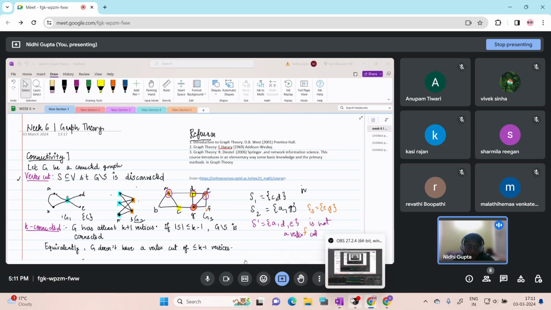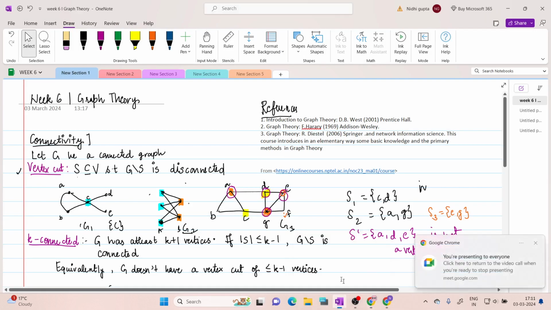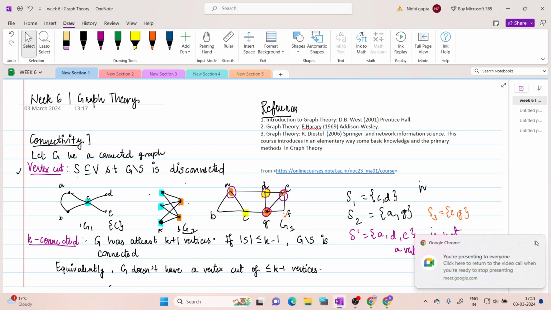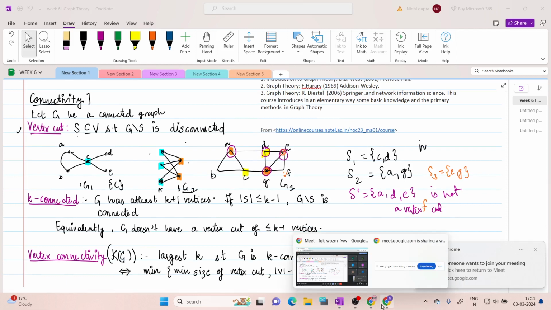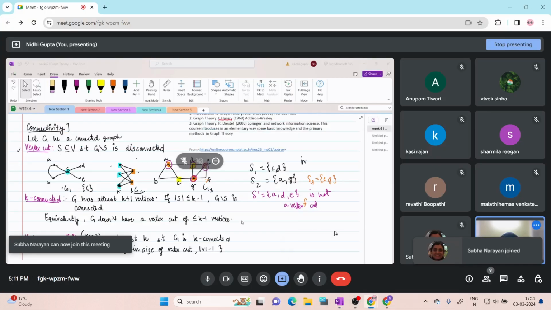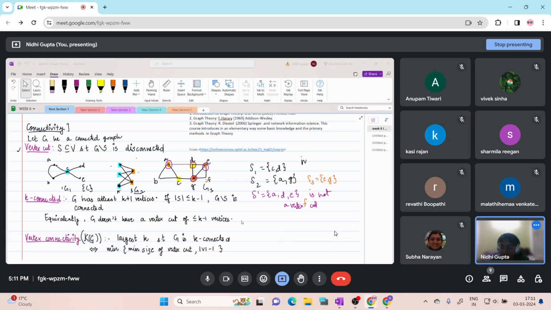Okay. Now if we have understood vertex cut, the next topic is k connectedness. K connectedness means that, first of all, G should have at least k plus 1 vertices, and then we say that G is k connected if and only if, when we remove fewer than k vertices, the graph remains connected.